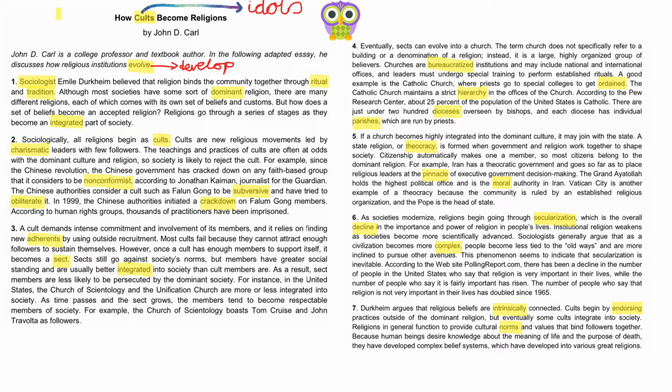Whatever decisions are made, church leaders have an influence on them, because they're at the pinnacle, they're at the top. So pinnacle, top, highest making body. And you have the word moral, which is always associated with high moral grounds, good or bad, right?